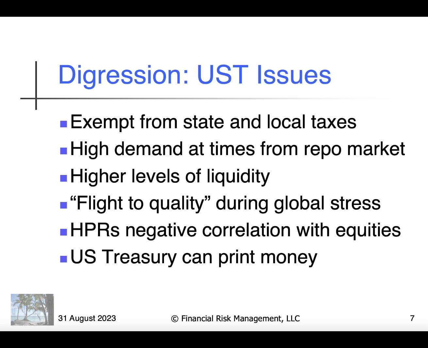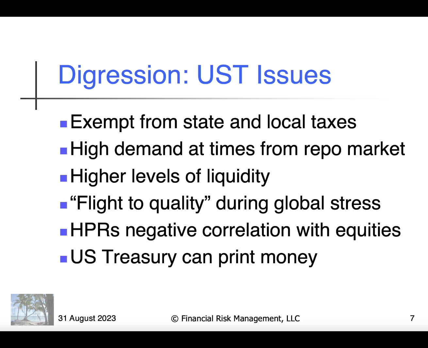U.S. Treasuries enjoy a high level of liquidity. There's a flight to quality when there's global stress in the marketplace. If a war breaks out or there's some pandemic, perhaps, investors tend to sell risky assets and buy U.S. Treasuries, again, causing an artificially low interest rate.